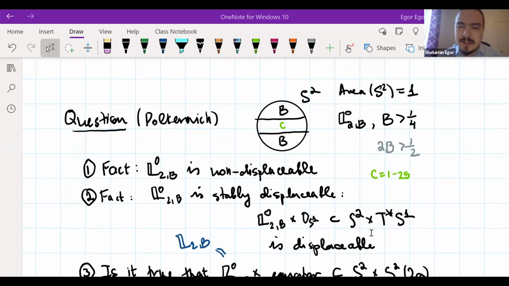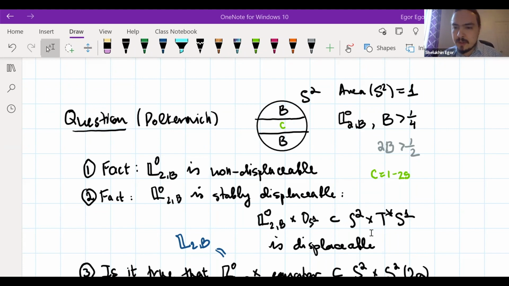So consider the two-sphere of total area 1, and consider two disjoint circles on this sphere that divide the sphere into three pieces: two caps of equal area B, and an annulus of area C, which is in this case 1 minus 2B.